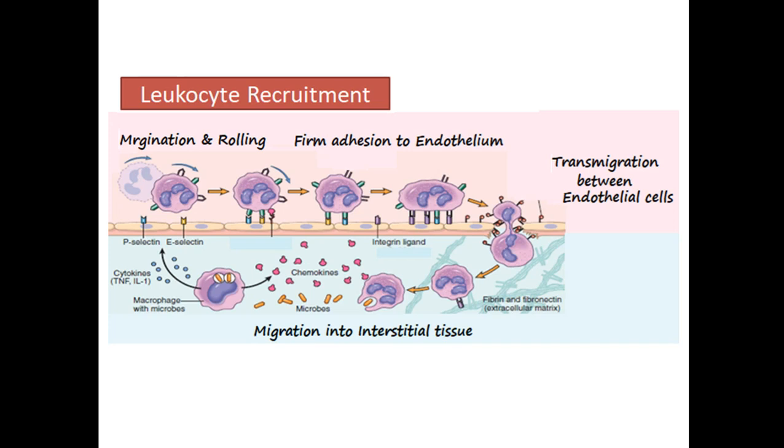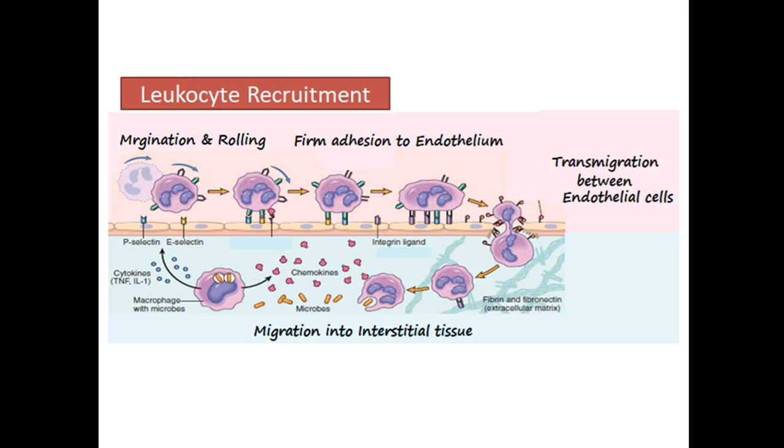And this is known as the transmigration between endothelial cells, and the leukocytes move just like MBBS students move, by pulling out the pseudopodia, and this we can say is amoeboid movement.